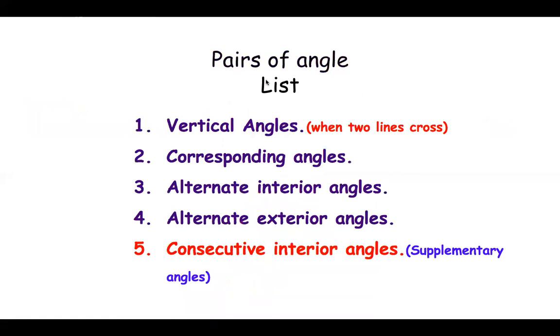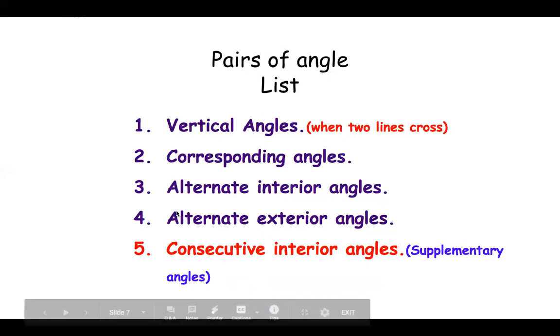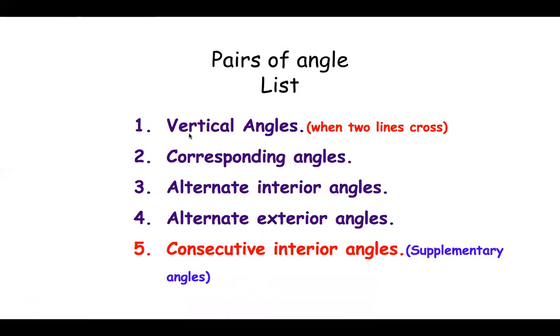So here's a list of pairs of angles. I highly recommend you understand what these are and memorize all the names. One is vertical angles, the other is corresponding angles. Vertical angles we already looked into. We don't need parallel lines for that.